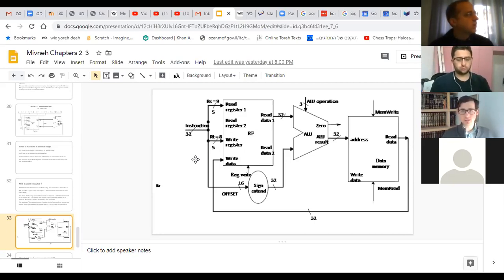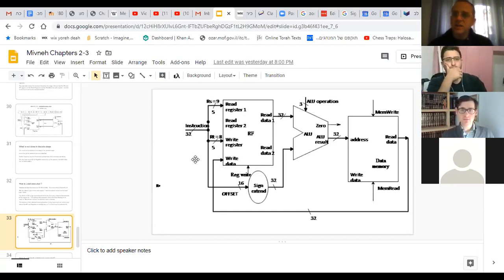Technically speaking, because the offset goes into the ALU, is it just going to add all zeros or only ones, and the ALU will add them together?